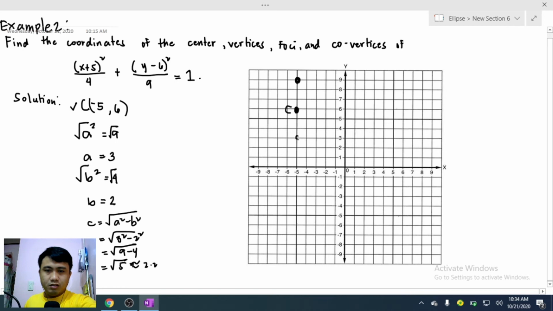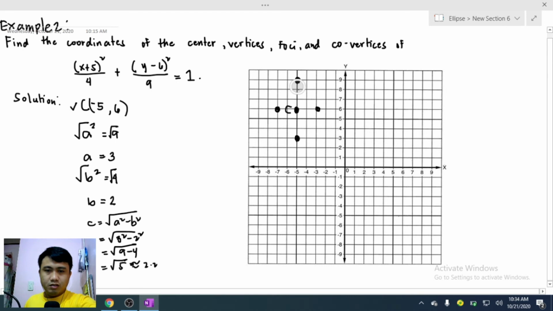Okay. Si minor axis naman, makukuha natin by plotting points 2 units from the center. At pakanan, 1, 2. And then sa kaliwa, 1, 2. And then of course, sunod pa pala natin si c. 2.2 something. So we have 1, 2.